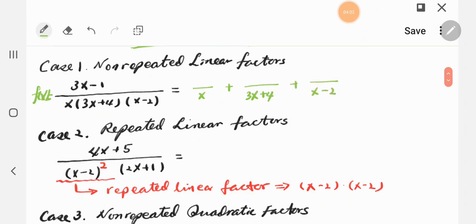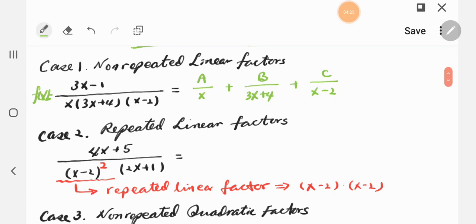We can separate each factor from the denominator. The degree of each numerator should be less than the linear factor, so the numerators are constants: a, b, and c. We will find A, B, C using an example later on.